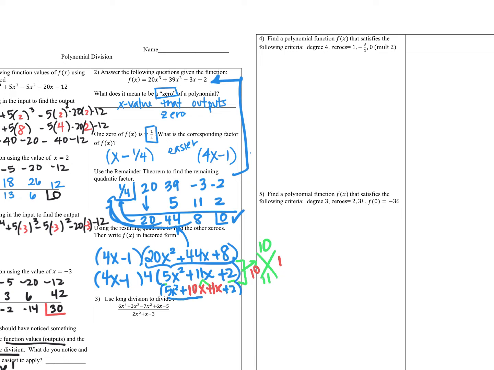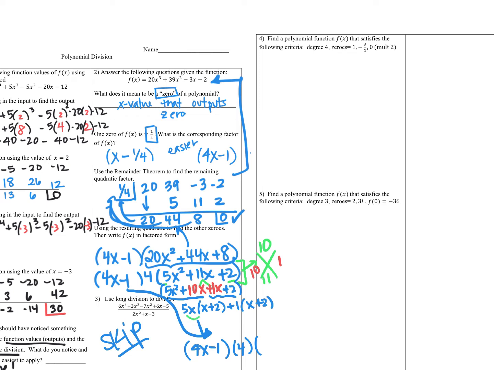So just worrying about that part, I'm going to look at those two. They both have a 5x in common. I'll pull that out. I'll be left with x plus 2. The next part, they don't have anything in common. I'm going to write that as a 1 times x plus 2. And so then what we have is 4x minus 1 times the 4 times, out of this stuff right here, our x plus 2 factors out, and then the leftovers is going to be the 5x and the 1.